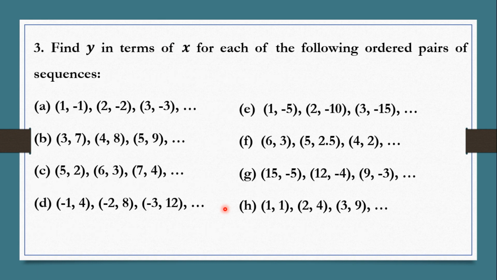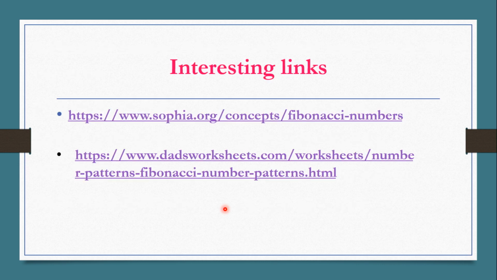Number 3: find y in terms of x for each of the following ordered pairs of sequences. You also have some interesting links which you can visit to get additional practice on the different types of sequences which we have covered in the 3 parts of the chapter Patterns and Sequences.